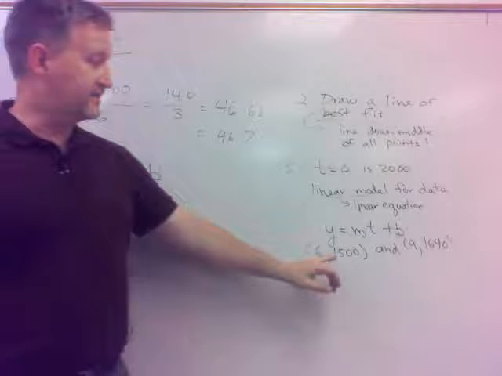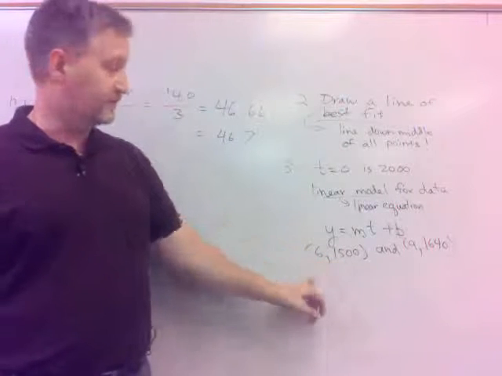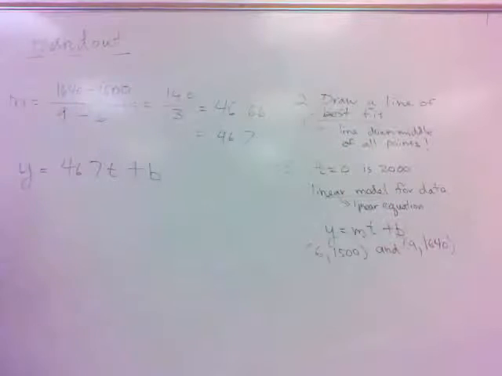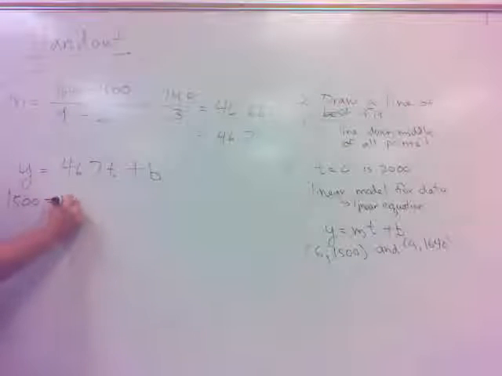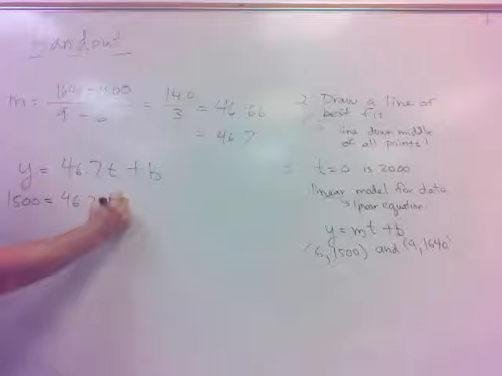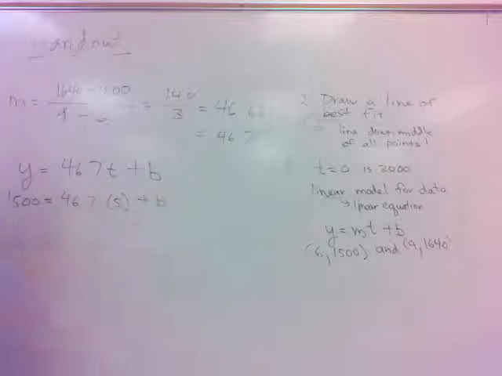Now just plug in a t and a y. Plug in one of these for t, one of those for y. I'll just use 6 and 1,500. Just plug in the t to be 6, the y to be 1,500, and that should find out for me the b.